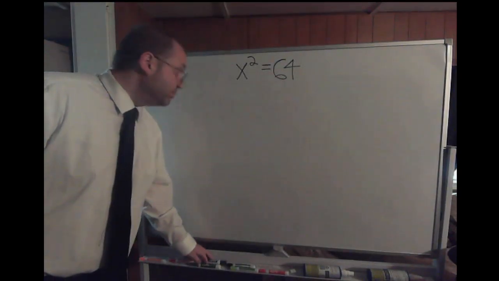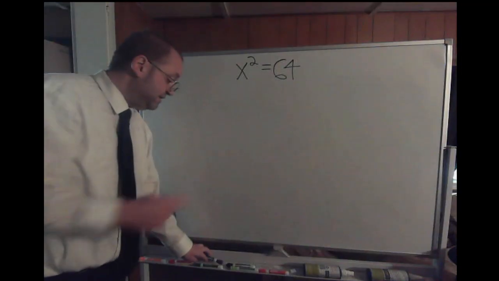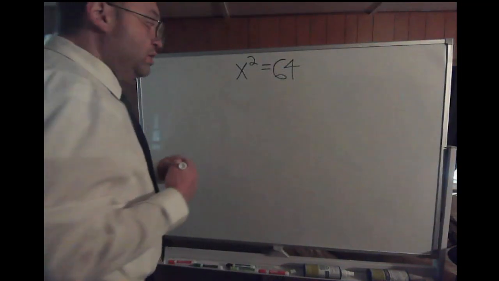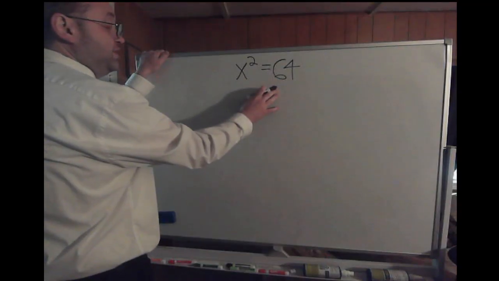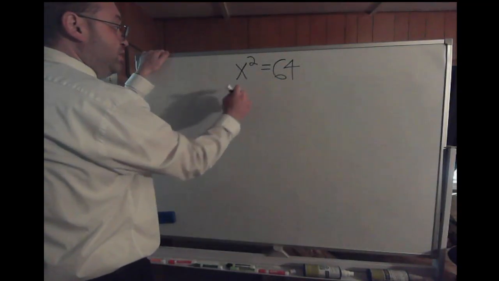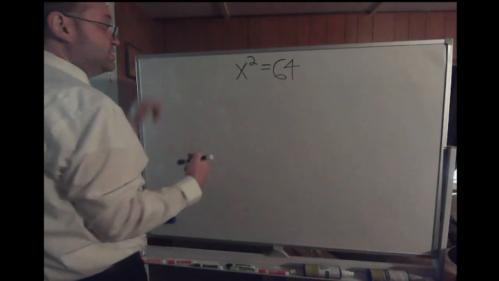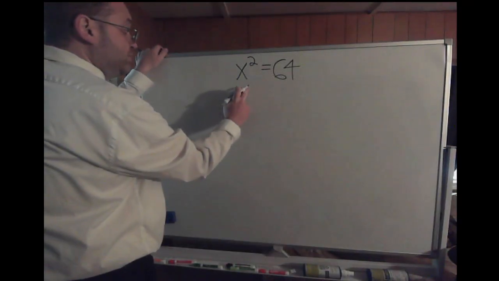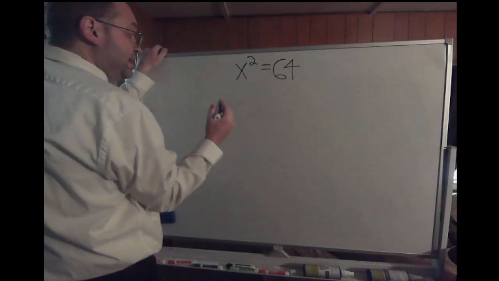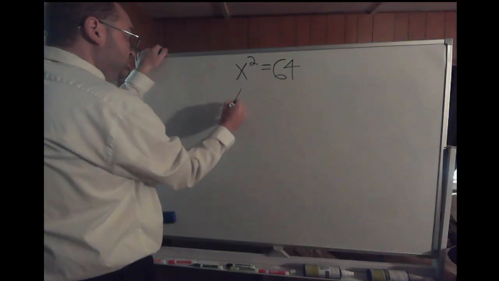Like for example here, we have x squared equals 64. Well, a basic way to do this, probably the easiest method, is if you have both sides that are perfect squares. You have x squared equals 64. If we recall, you would just take the square root of x squared to get x by itself. So we'll just do that.